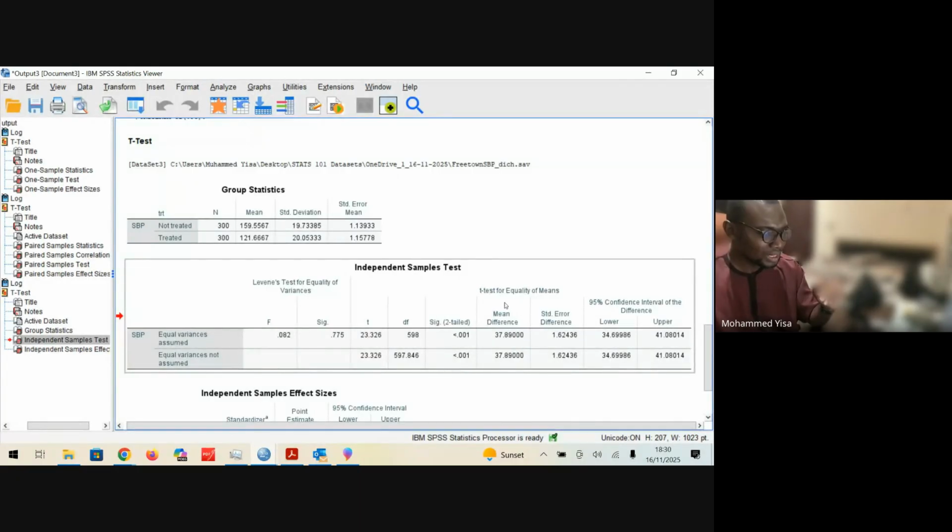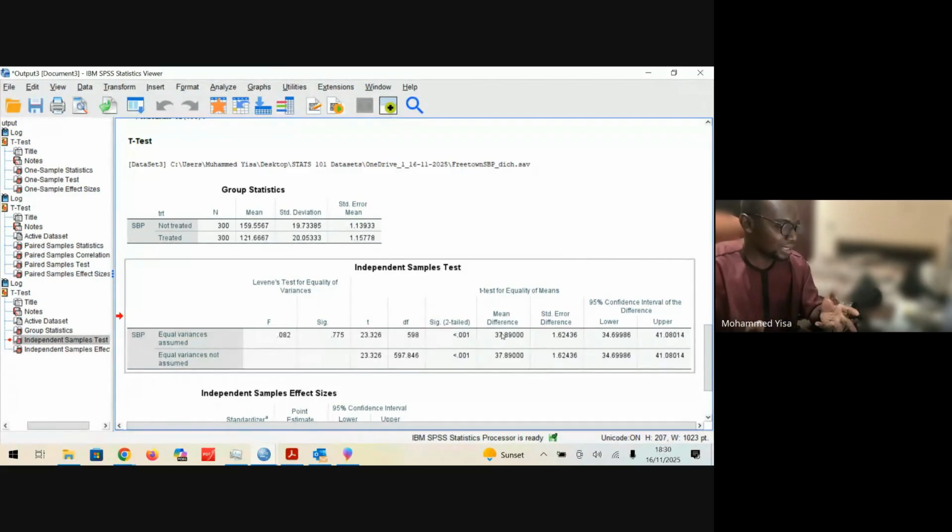The mean difference in systolic blood pressure between those who were not treated and those who were treated is 37.89 millimeters of mercury. I don't know, does anyone else think this is amazing, even though it's a hypothetical data set?